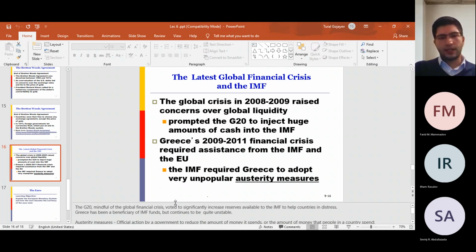What is liquidity, by the way? Who can briefly explain liquidity? What does it mean? In Azerbaijan, it is also called like this, liquidity.